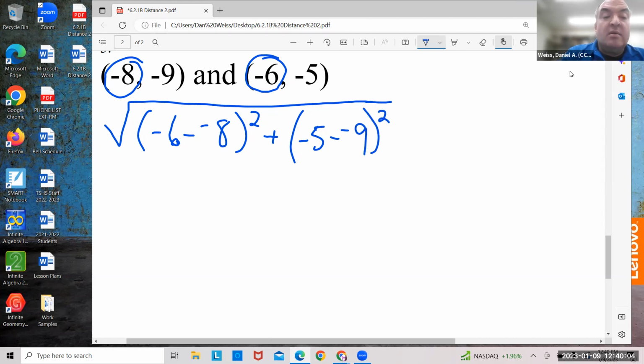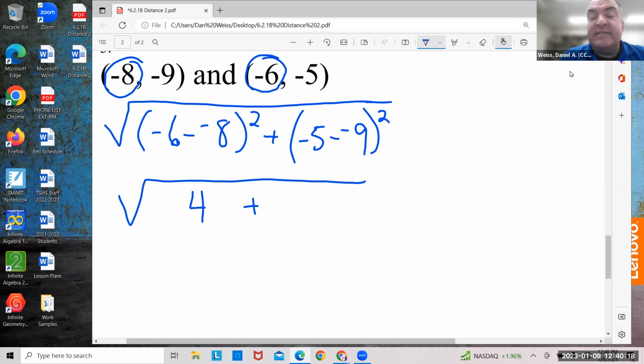Okay. So -6 minus -8, or -6 plus 8 is 2. And 2 times 2 is 4. -5 minus -9, or -5 plus 9 is 4. And 4 squared is 16. 4 plus 16 is 20.